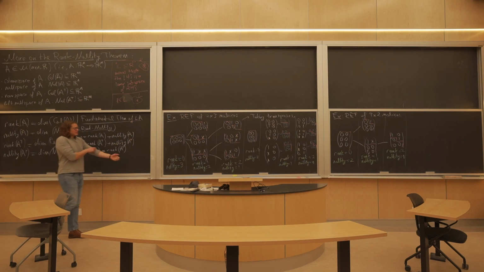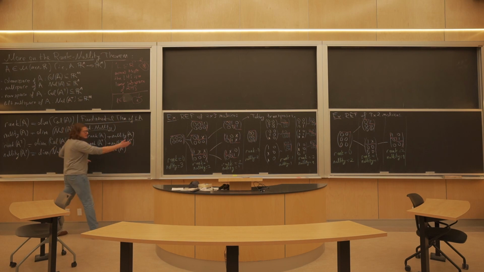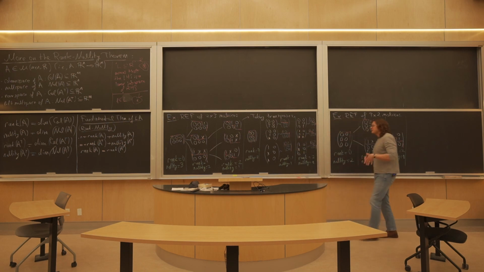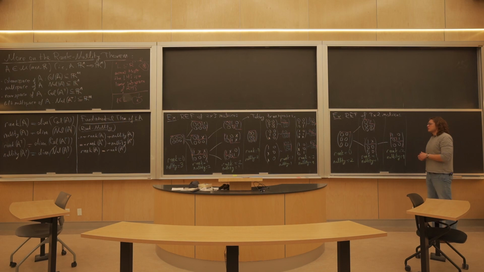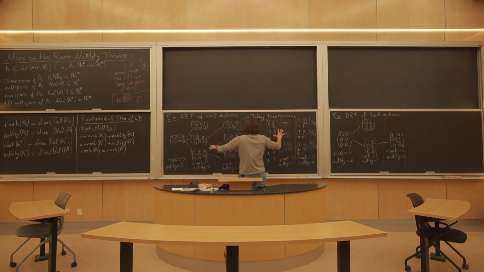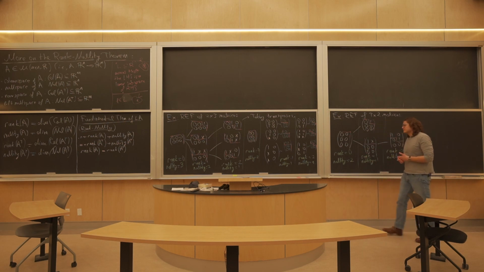So could anyone give me a reasoning as to why it is the case that this does happen indeed? Like we sort of saw an example in the case of 2x3 matrices, but based on this schematic, could you come up with an argument or some sort of heuristic as to why it should be the case that when you take the transpose of a matrix, it has the same rank?